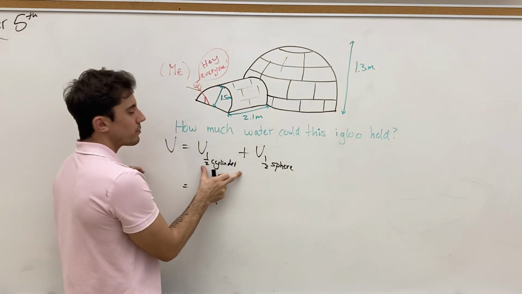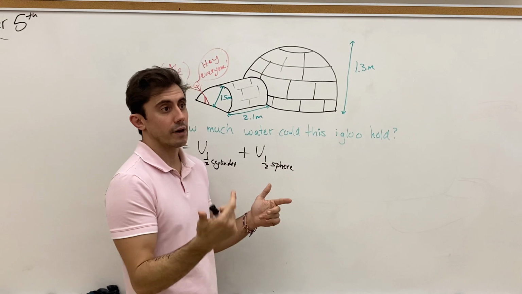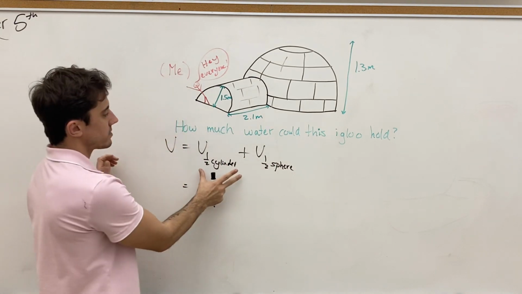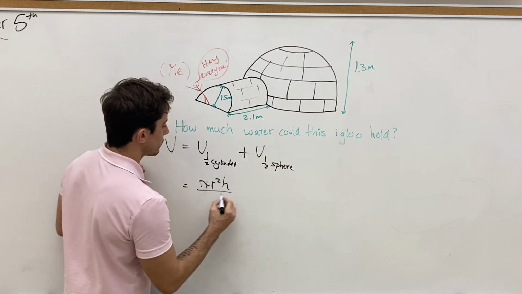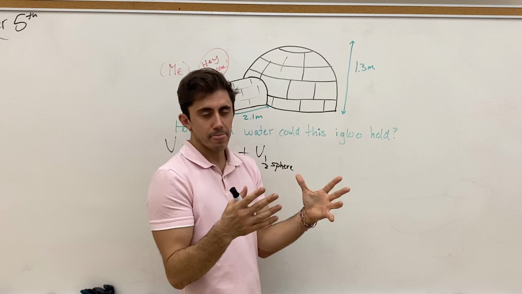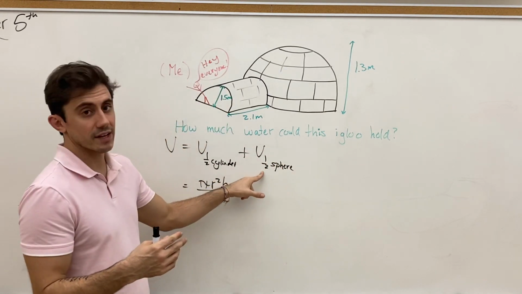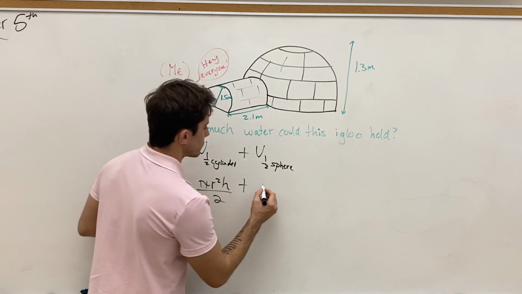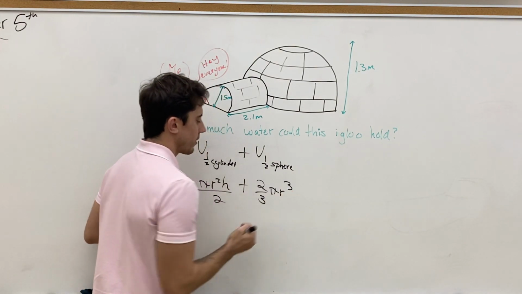So we know that the volume of a cylinder is the area of the base times the height, which is pi r squared times h. And so half of that means pi r squared h over 2. Plus, we know the volume of a full sphere is 4/3 pi r cubed, and so half of that, instead of 4/3, of course, we'll only have 2/3 pi r cubed.